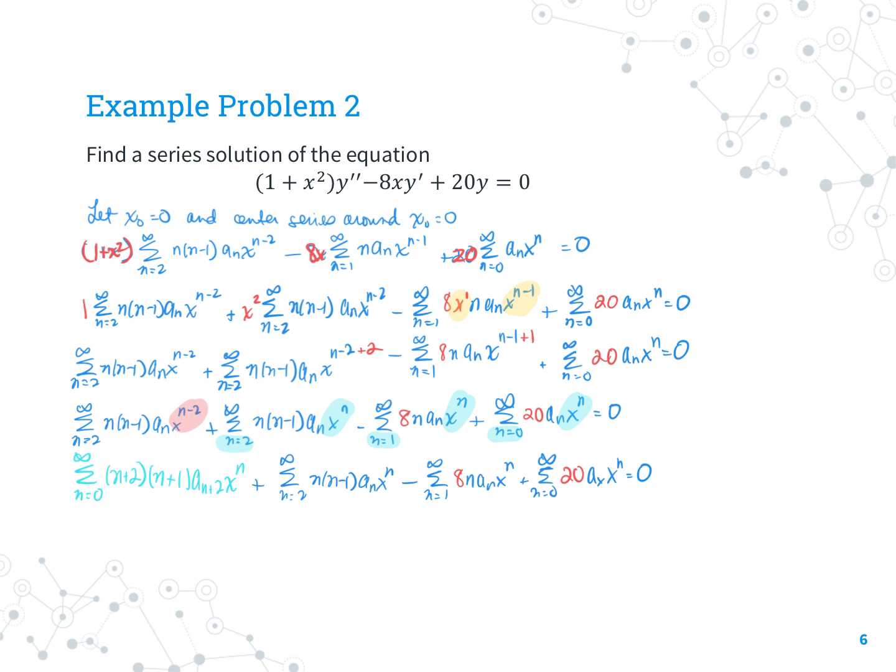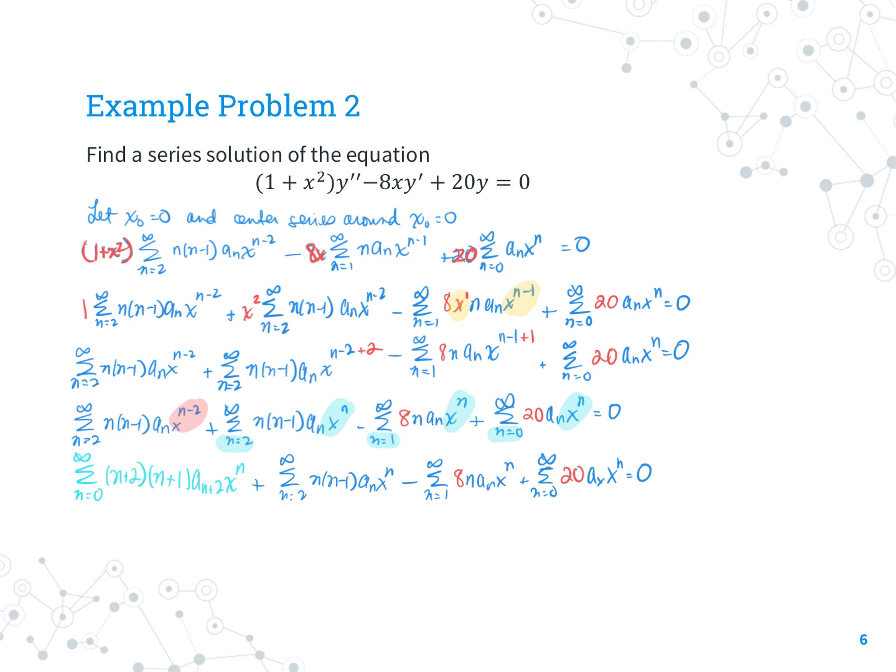So you have to go with the one that has the highest lower index, which in this case is n equals 2. So we are going to need to pull out from the first summation the n equals 0 and the n equals 1 terms.